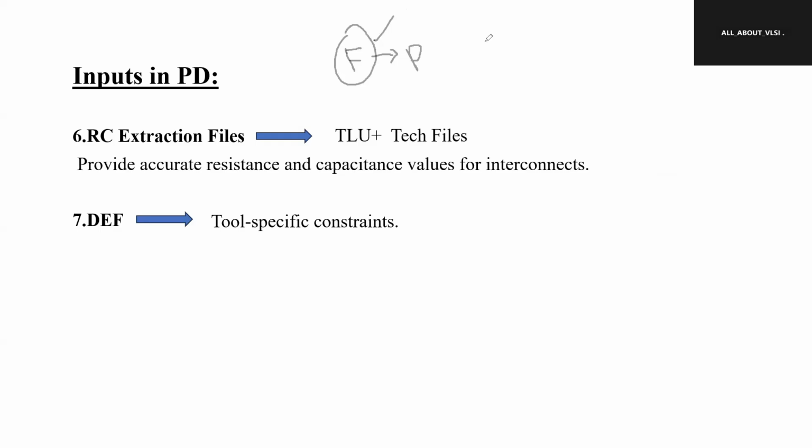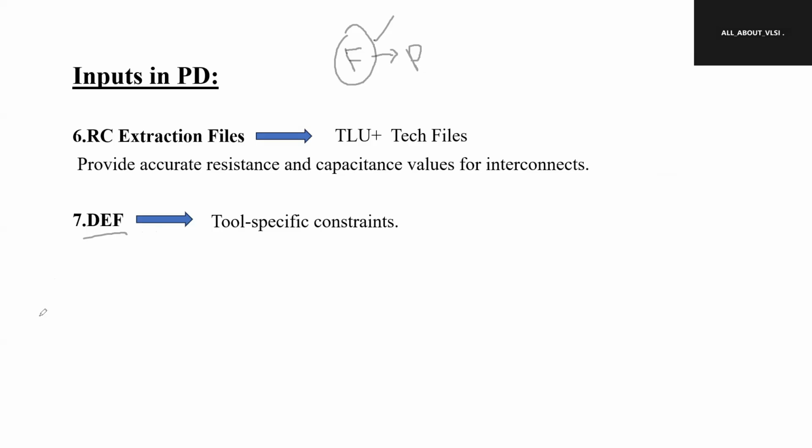At each stage of PD, after floor planning or after placement, we can produce this Design Exchange Format. Complete specifications up to now come under this design exchange format file, okay.